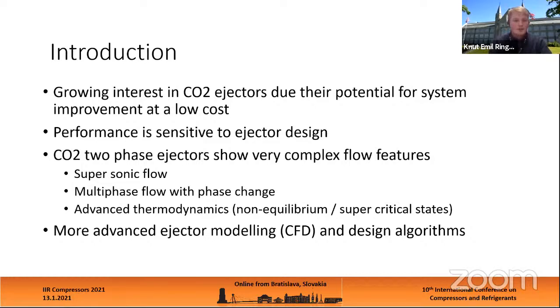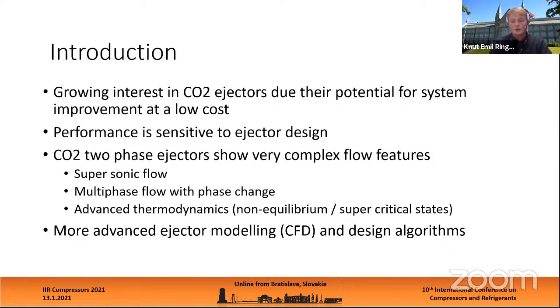However, their performance is very sensitive to their design. Any small change in the ejector geometry can make massive differences in ejector performance. And this is why so much emphasis has been put on CO2 two-phase ejectors and understanding and modeling their very complex flow features.